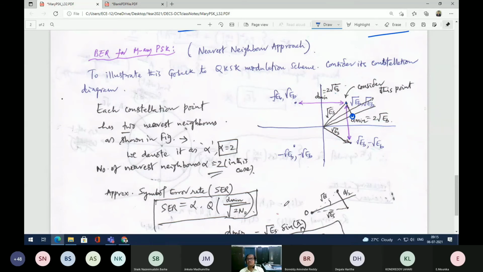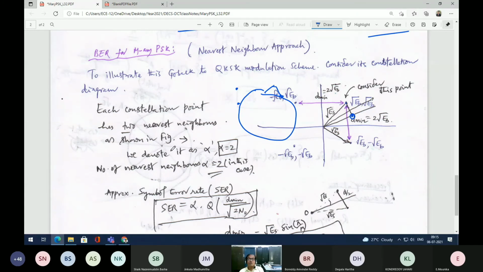There may be two nearest neighbors, one on this side and one on this side, right? For any test point, you will definitely have two nearest points, because the constellation diagram is around a circle. Two points will definitely be there on both sides of this R of t.